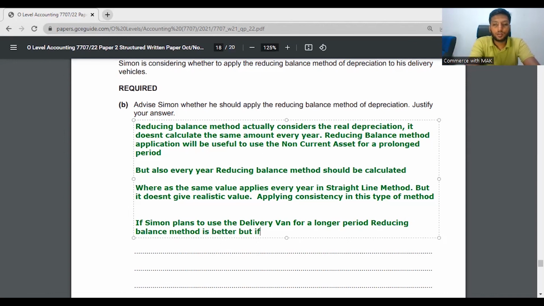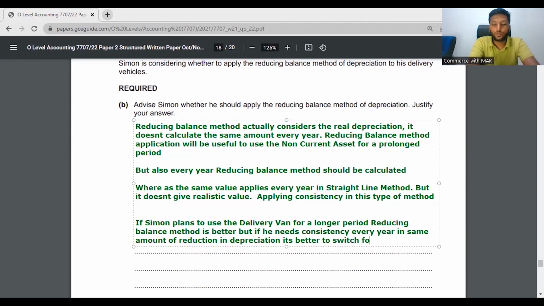But if he needs consistency every year, the same amount of reduction in depreciation, it's better to switch to the straight line method.